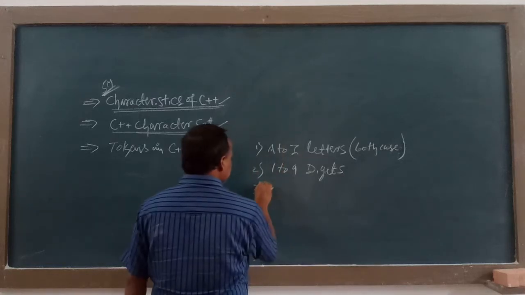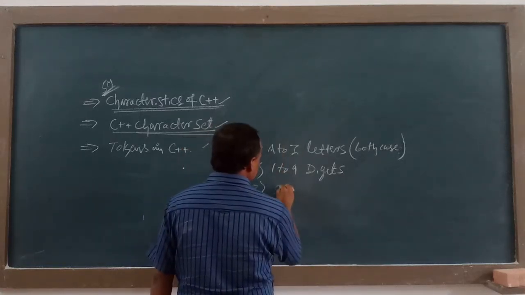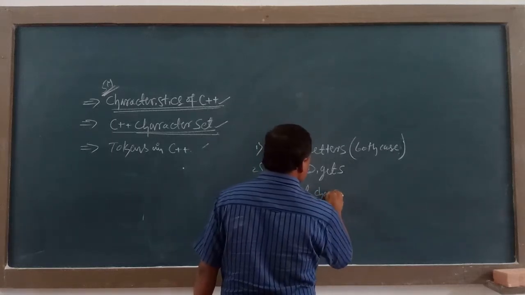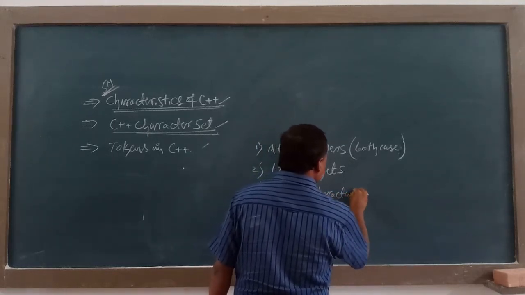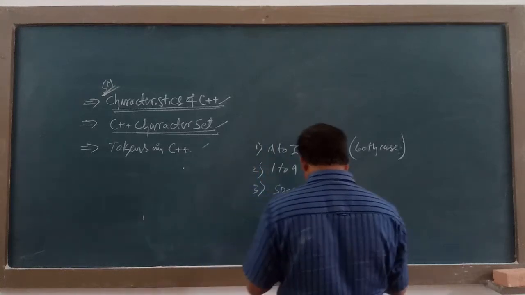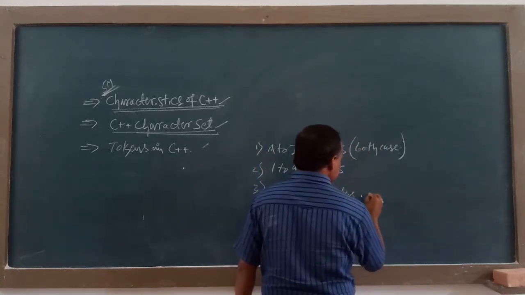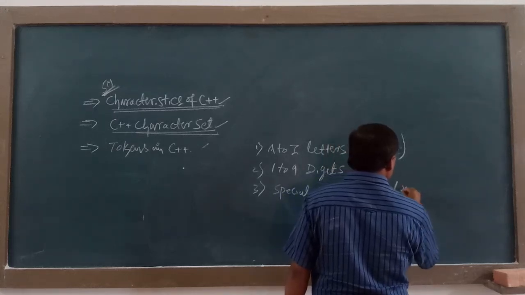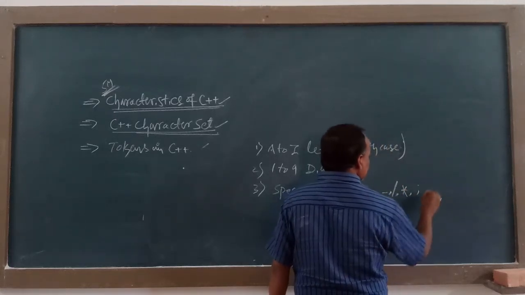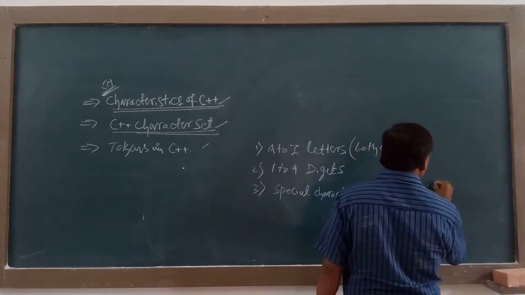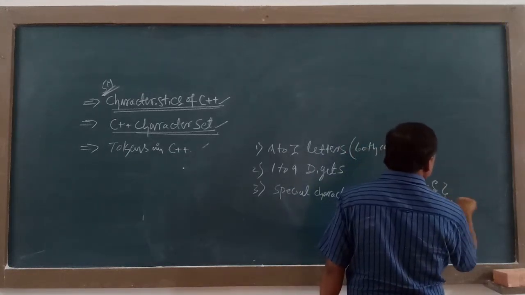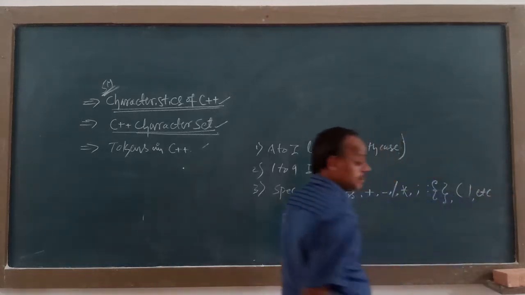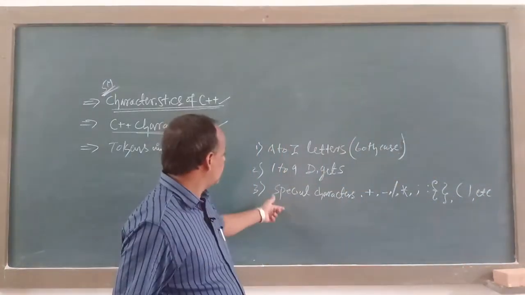And the third one, special characters such as plus, minus, divided by, into, semicolon, colon, open flower bracket, closed flower bracket, normal bracket, etc. So what are these called?